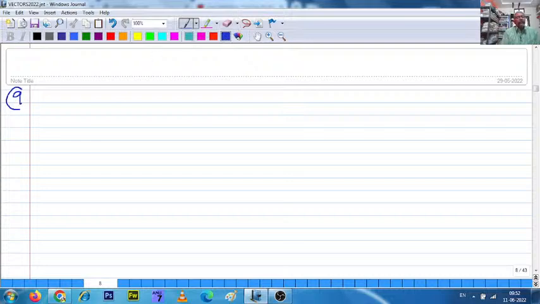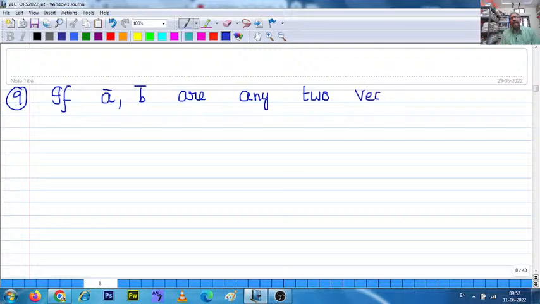Let's have a discussion. That is the 9th one. If a bar, b bar are any two vectors, and a dot b is equal to 0, then how do you interpret it?